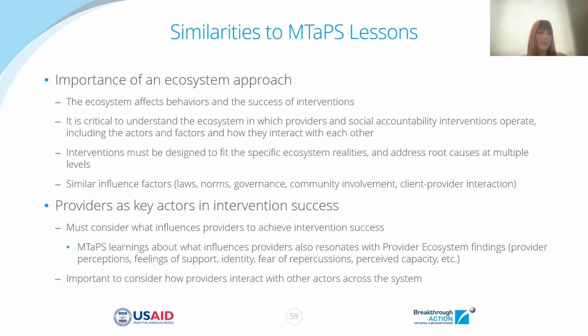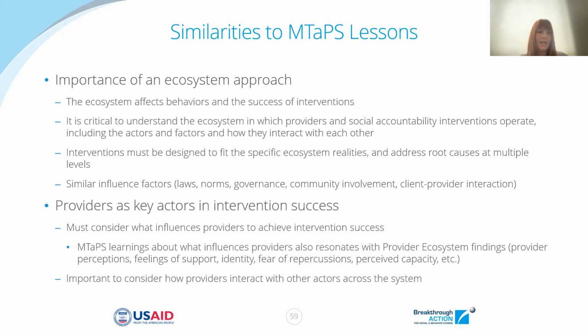There were several similar influence factors, like laws, norms, governance, community involvement, and client-provider interaction, that are similar across the provider ecosystem and what was identified in the MTaPS paper. The final point is that providers really are, and should be seen as, key actors in intervention success. So we really need to think about what is influencing providers, and particularly within social accountability, what influences their involvement and their support of social accountability.